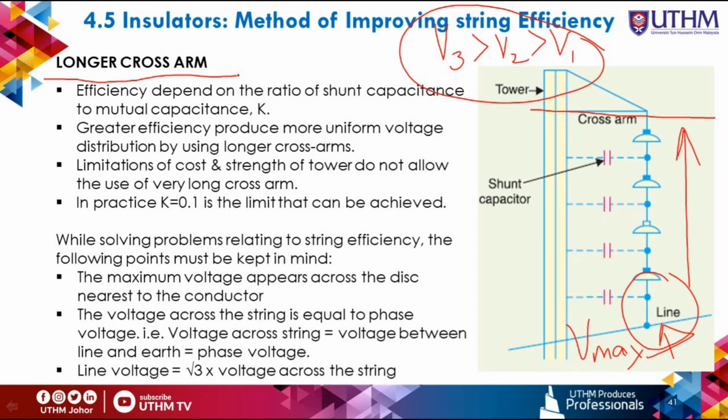The value of string efficiency depends upon the value of K. K is the ratio of the shunt capacitance, C1, over the mutual or self-capacitance, C.